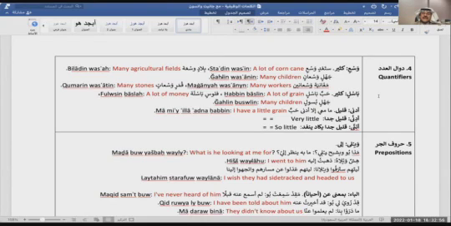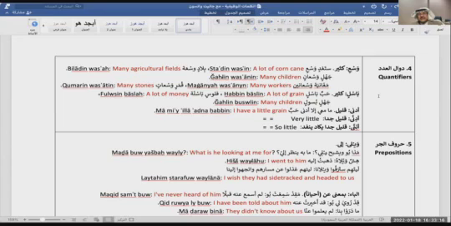So for numbers, we have wasi'an and basilin, which mean many and a lot. Basilin, again the same. Adna galil means a little. Adinna means very little, and itinna means so little, almost nothing.